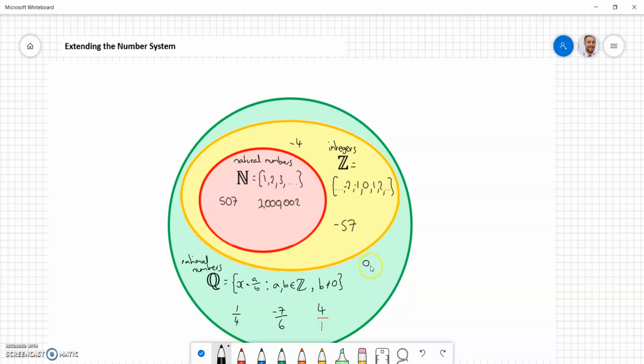But there's other numbers here which are a little bit in disguise. For instance, you might have the number 0.341. Now the number 0.341 can be written as a fraction. It can be written as 341 over 1,000. So although it doesn't look like a fraction to start with, this number here is also a rational number.